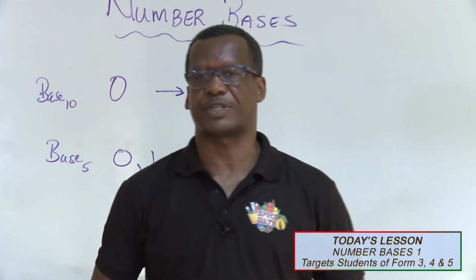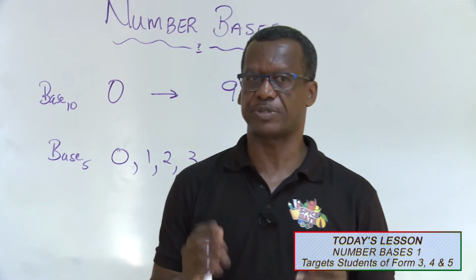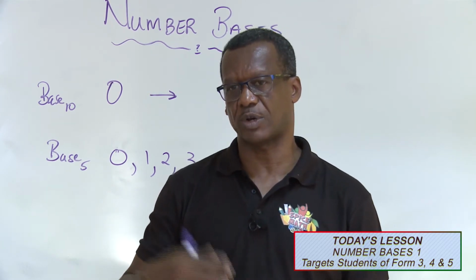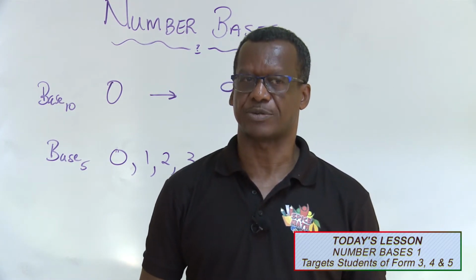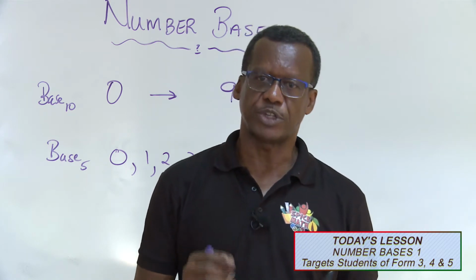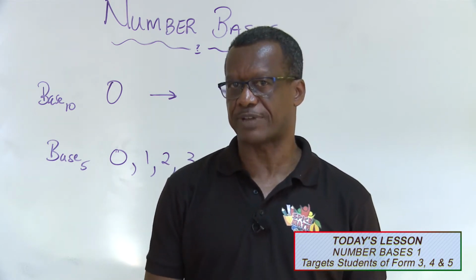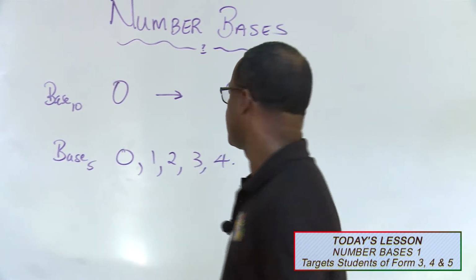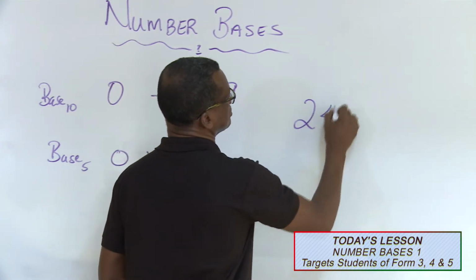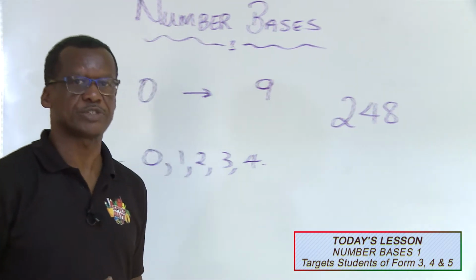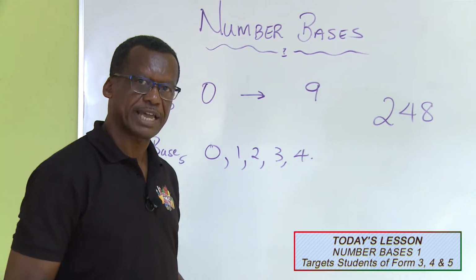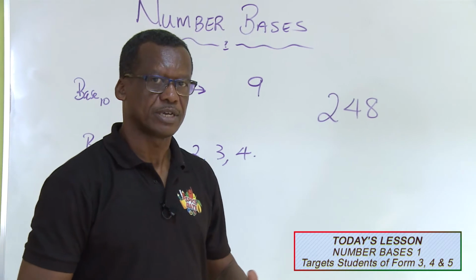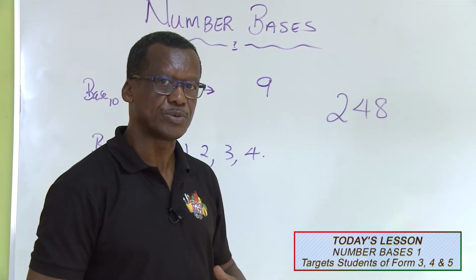Now, also in a previous lesson, we spoke about the positional value of digits and the difference between the oldest counting systems, like the Roman numeral system, and our new system that uses place value or positional value. So in base 10, the number 248 implied that each digit, based on its position, would have taken a different value.